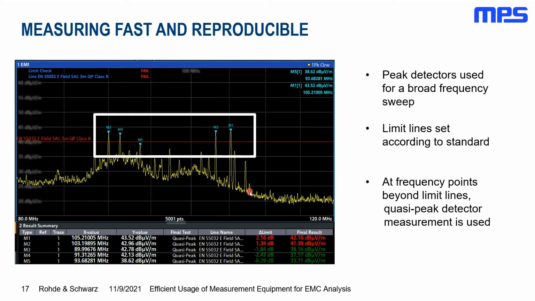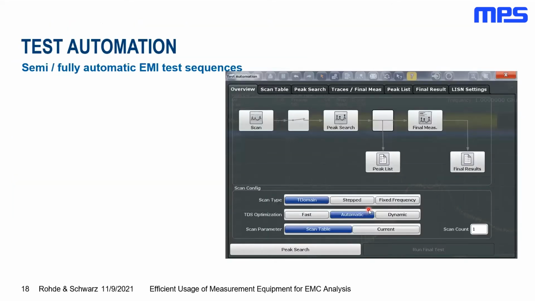And this is still valid for the FFT analyzers. Even if we are doing these measurements with the peak detector, we could use a smaller time window and do more measurements per time. That's why it's very convenient to do so. And what could now be done? First of all, we have a scan, then we have a peak search.